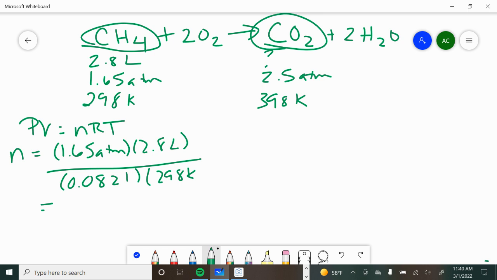That's all I did. 1.65 times 2.8 is 4.62. And then 0.0821 times 298 is 24.465. So 4.62 divided by 24.465.